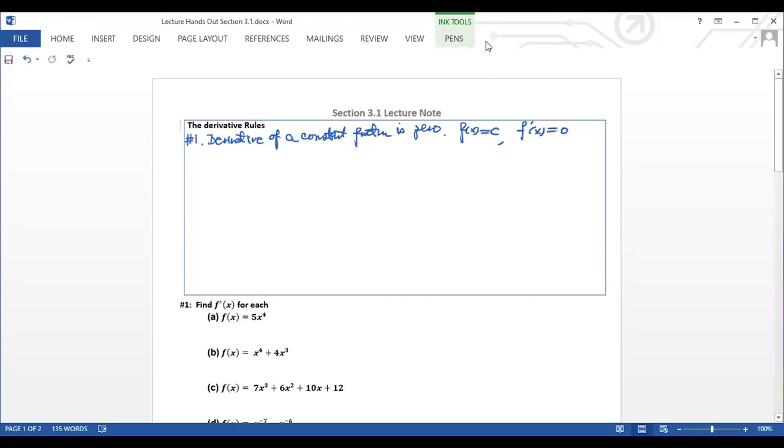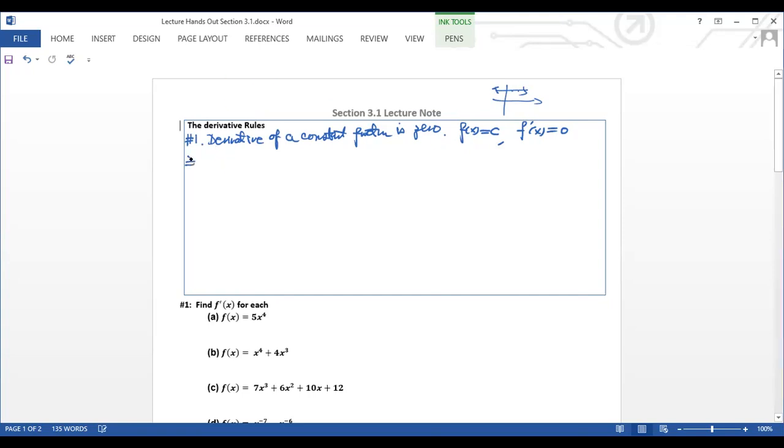From the definition, if a function is a constant function, it is a horizontal line. For a horizontal line, at every point the tangent line is the same as the line itself, so the slope equals 0. That is pretty obvious. Okay, so that's the first rule.